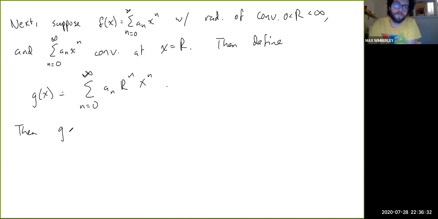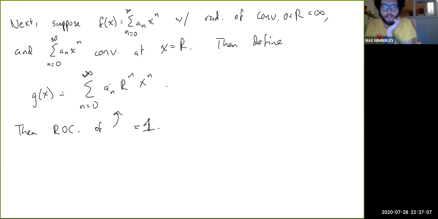Then g of x equals f of rx, right? So then the radius of convergence of this series is 1 now, right? Because if you do the root test on this, the lim sup of the nth roots of a_n is 1 over r, and then the nth roots of a_n r to the n would be 1, right?